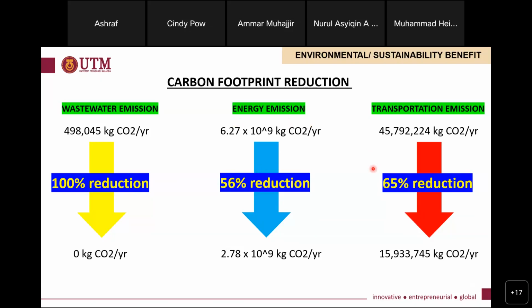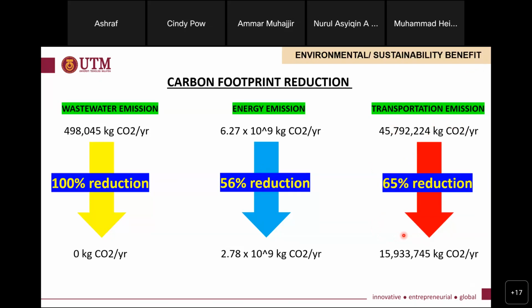And then the last one is the transportation emission. From what Amar mentioned earlier, before Verbund, we assume that all the raw material will be supplied by suppliers and the mode of transportation is truck. After Verbund, some of the raw material for a plant is obtained from another plant.